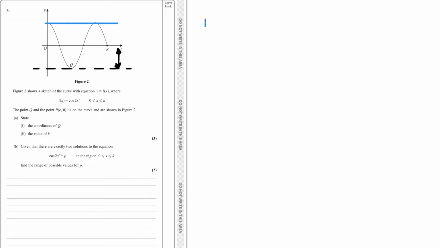That means my answers are p equals 1 and p is greater than 0 and less than -1. And that will give me everything in this region where there are 2 solutions. Obviously on this line is 1 solution, on this line there are 3 solutions, so between the 2. And that there is my answer to part B.